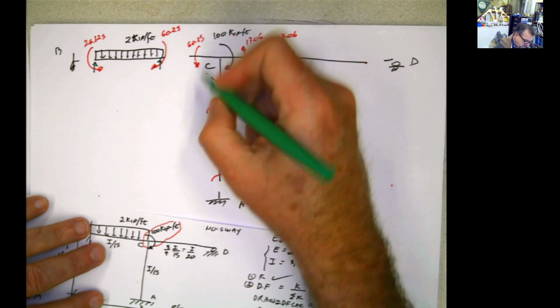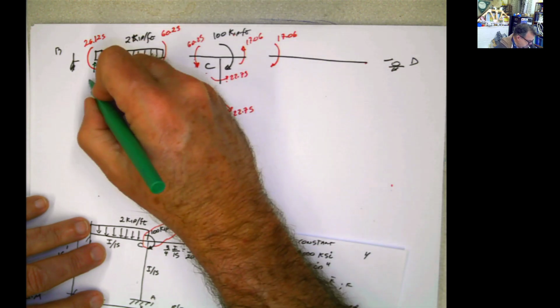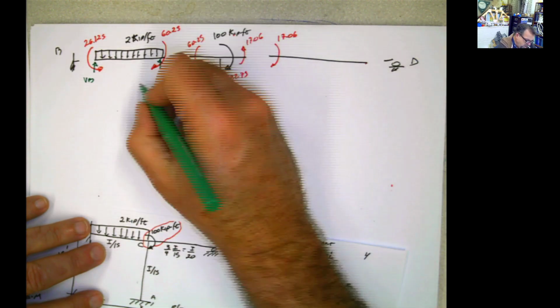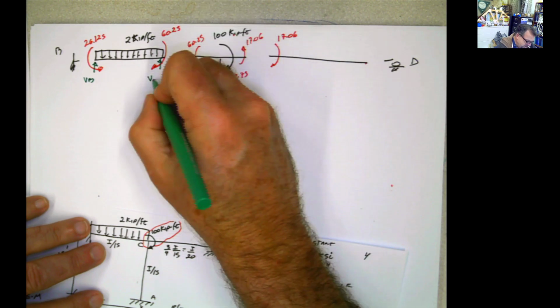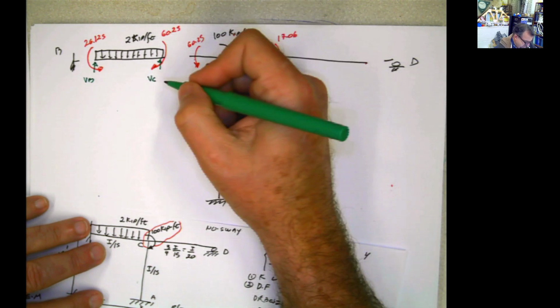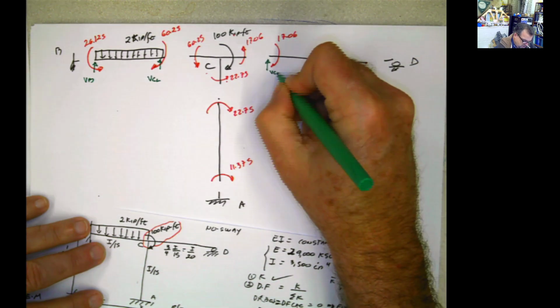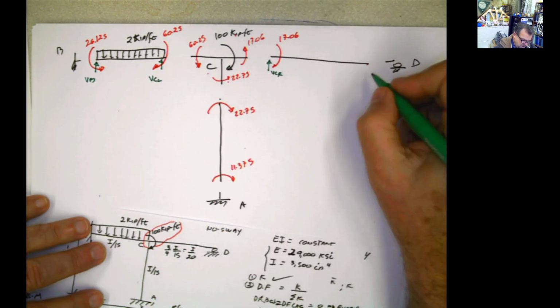our shear values. This is a B, and this is a. I call this VC to the left, and I call this VC to the right, but you can call it in any way that you want to.